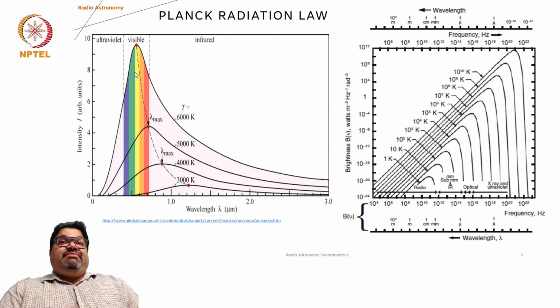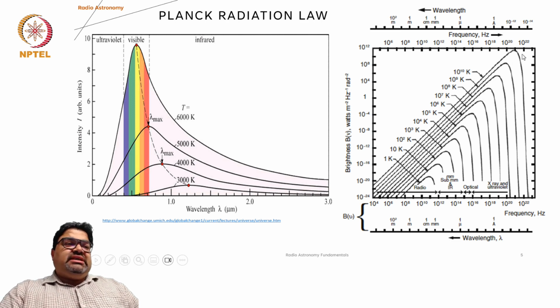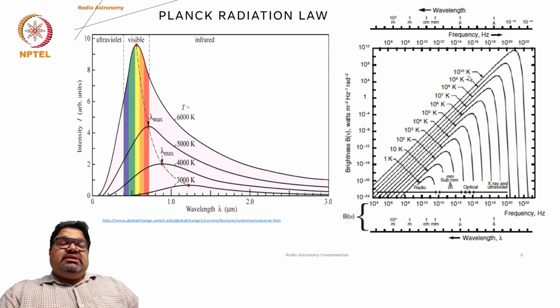This is given by a famous law called Wien's displacement law. We will be coming to it in a bit. So that's the whole power of this. As you move to higher and higher frequency, the temperature also increases. So the spectrum peaks at a higher and higher frequency with the temperature of the black body constantly increasing.